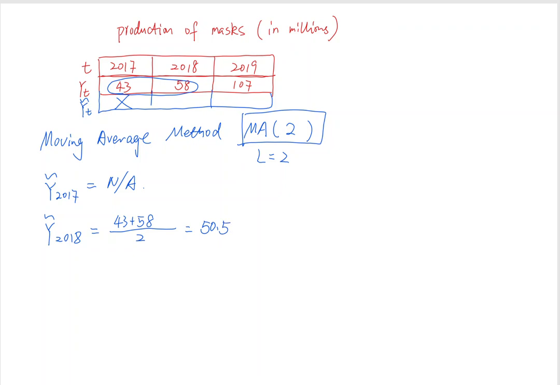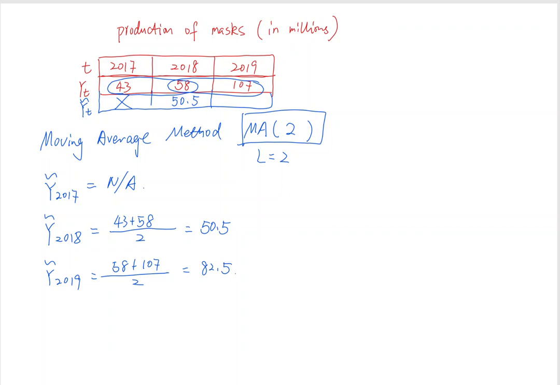What about the estimated value for 2019? Here is 50.5. If you want the estimated value of 2019, you are averaging these two, so it will be 58 plus 107 divided by 2, which is 82.5, I think.